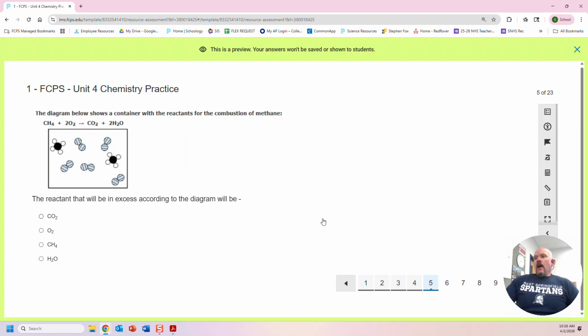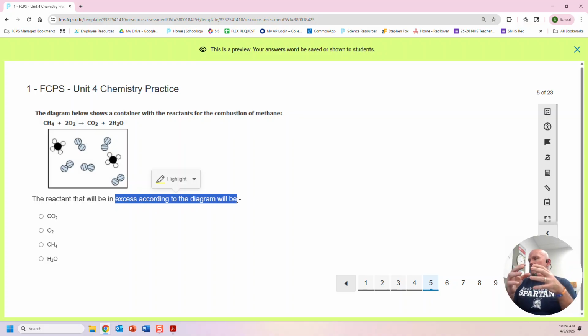All right. So here they give us a particulate diagram of our reactants, and we want to know which of our reactants is going to be the excess reactant. So remember, a reaction can only go until you run out of one of your reactants, right? So if I run out of oxygen, no more methane can burn.